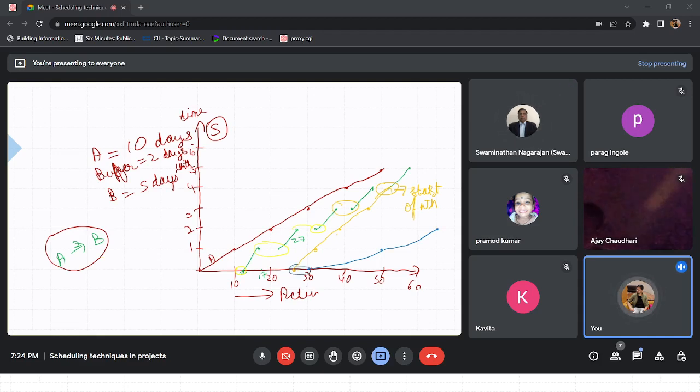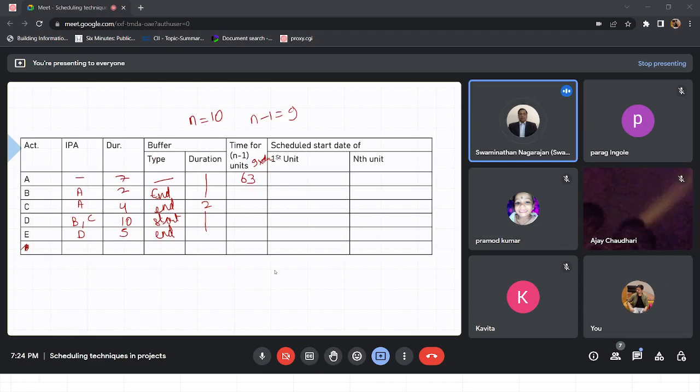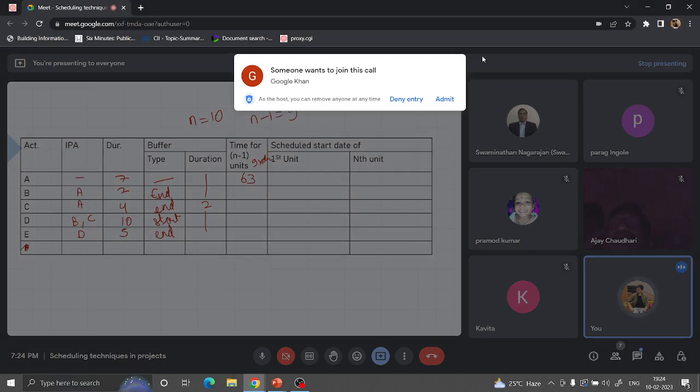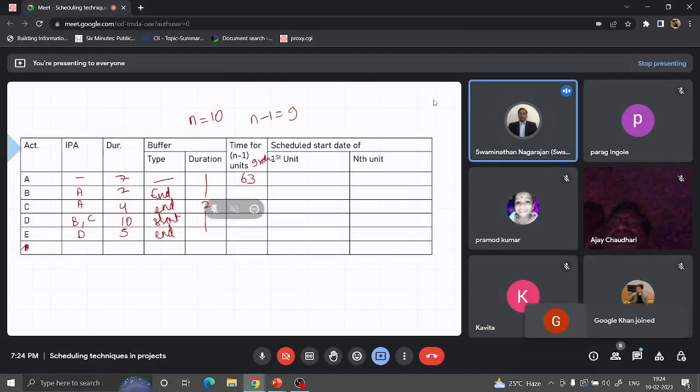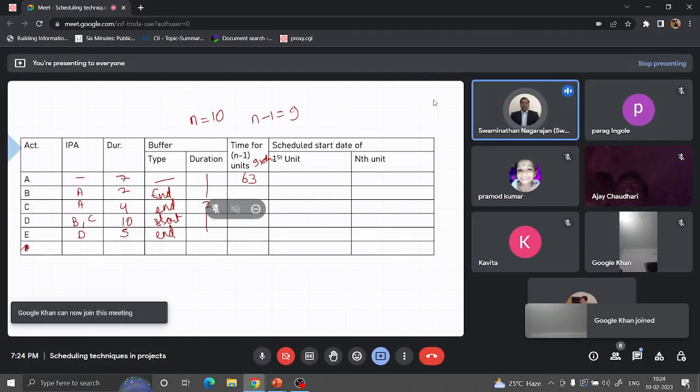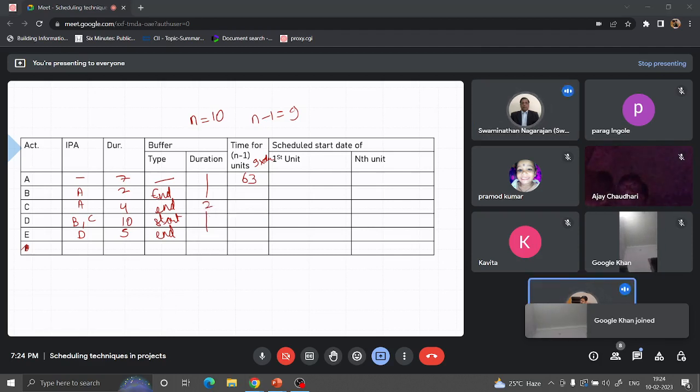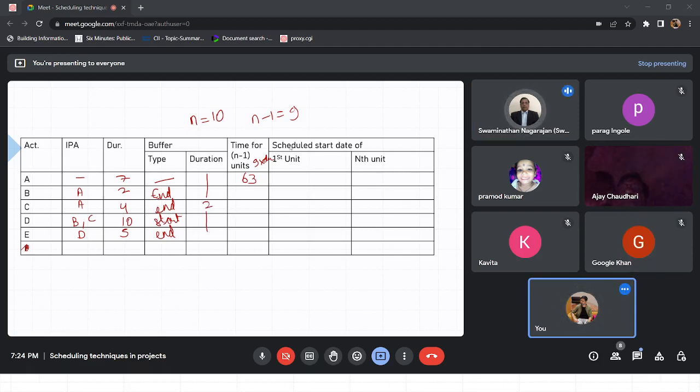I hope you get an idea now of how it matters. Is there some doubt again? Any doubt in this case now of start type and end type buffer? If not, then we will move to solving this question.